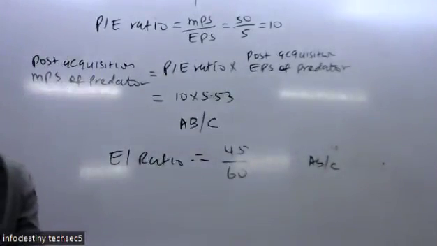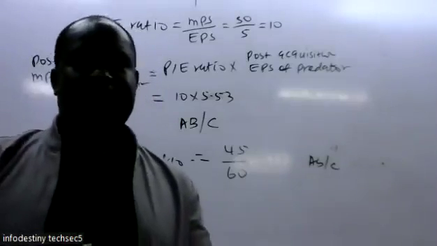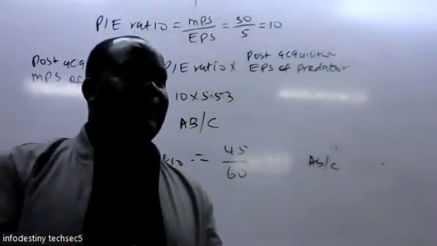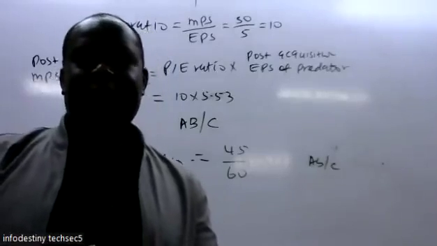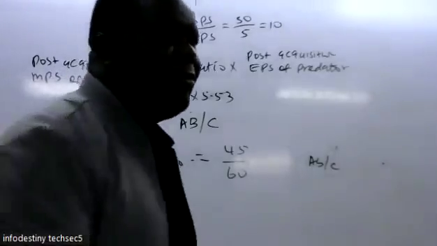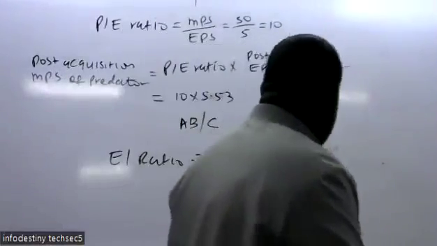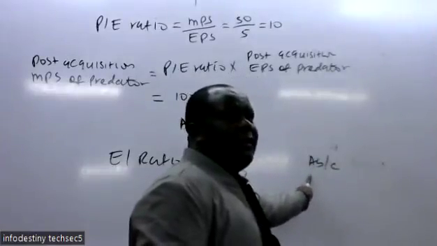There's someone who asks, when you take 45 divided by 60, it's not a fraction. So you press the equal sign. Go to your calculator; you can see this function on it.